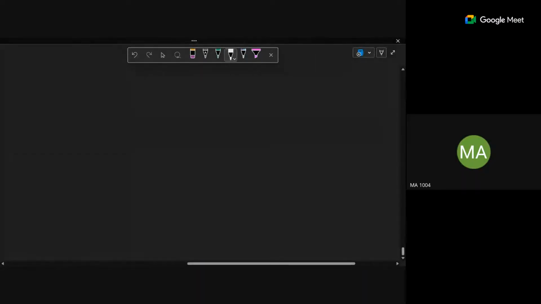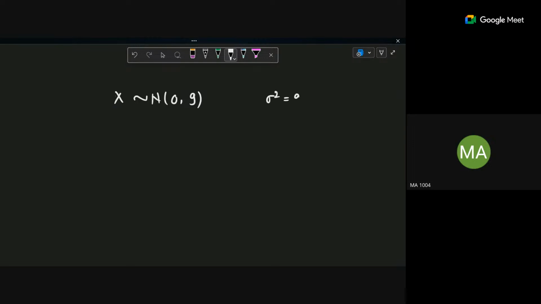So what do we have? Let's say x is a random variable which is normally distributed with mean 0 and variance 9. So here sigma square is equal to 9. That means I can write x as following normal distribution with 0 comma 3 square.